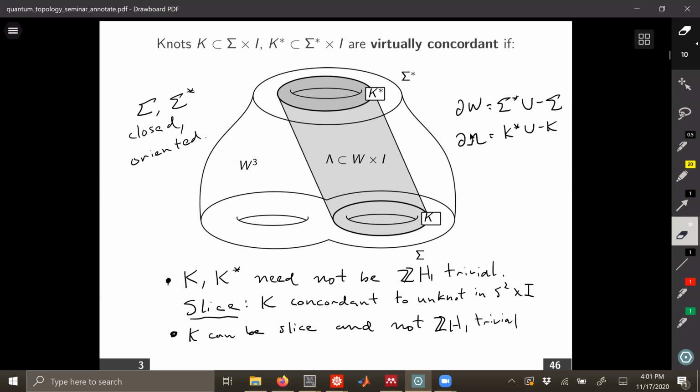We're going to need something new. Just as a definition, we'll say that a knot is slice if it's concordant to the unknot in the thickened two-sphere. An important thing to point out is that you can be slice and not be homologically trivial. There are many examples of that case.